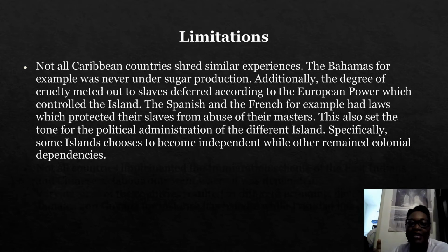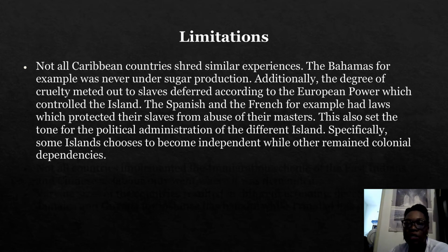So the idea is that these slaves were treated better than those that were in the English territory, and therefore those students who did history will be able to identify with the fact that when you're looking at resistance and revolt, you'd realize that slaves in the British Caribbean actually revolted more times than those in the French or in the Spanish Caribbean, because it was said that the others were treated better.